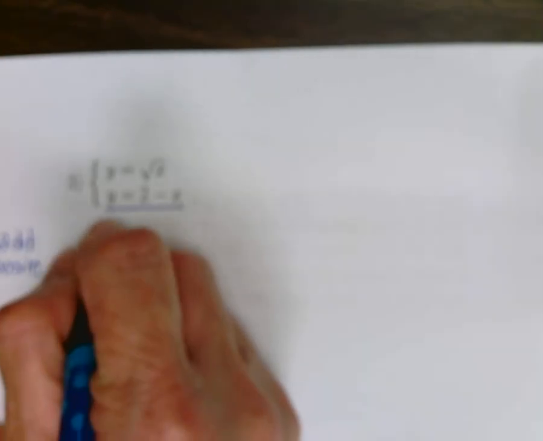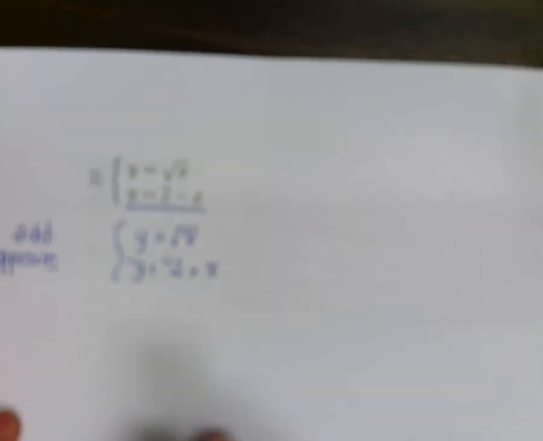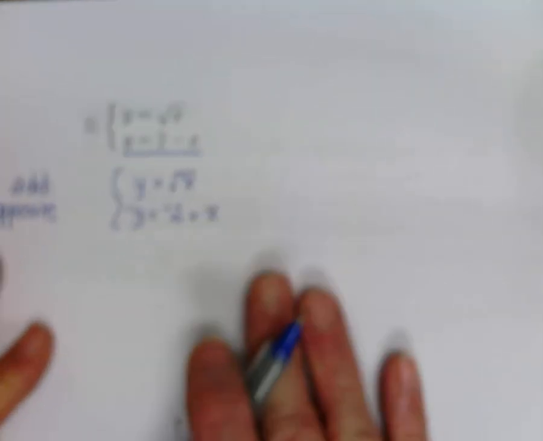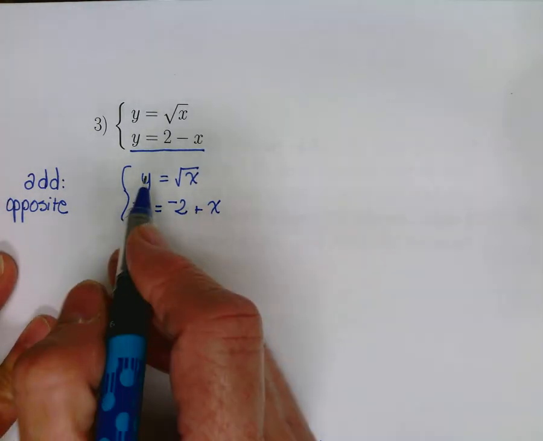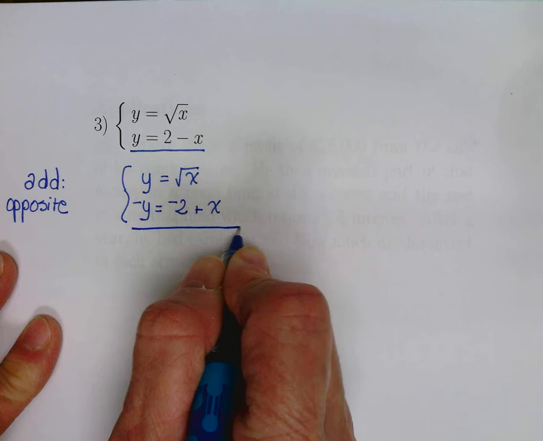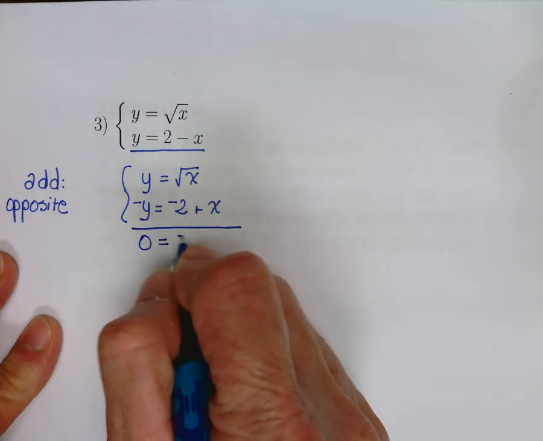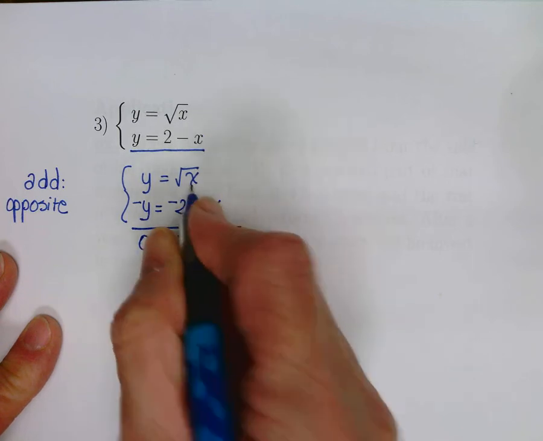So we get what? y equals the square root of x minus y equals minus 2 plus x. Okay, and add those. And if I do that, I get 0 equals minus 2 plus x plus the square root of x.